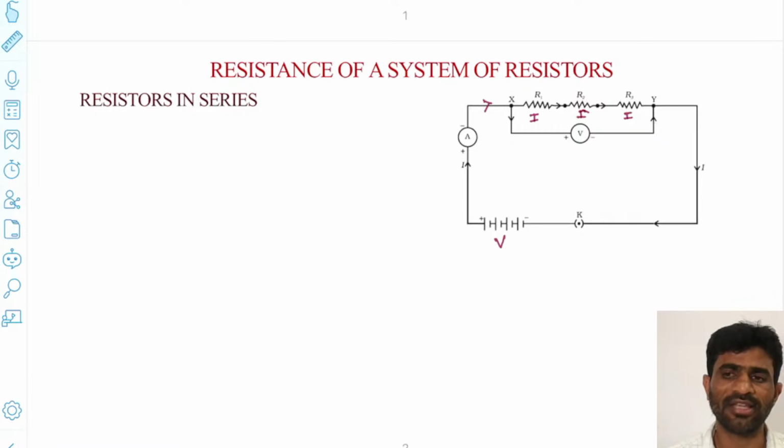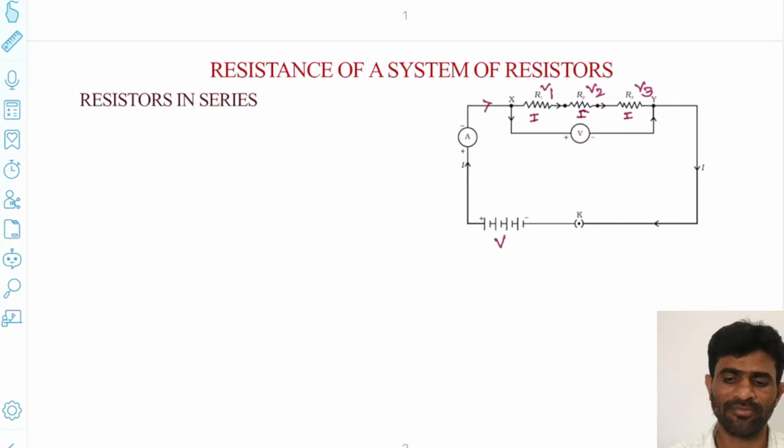Because three devices are there, the total potential difference will be divided as V1 across R1, V2 across R2, and V3 across R3. So in series connection, potential difference will be divided into as many parts as there are devices, whereas current is same through all the devices. So this is one very important point we have to remember.